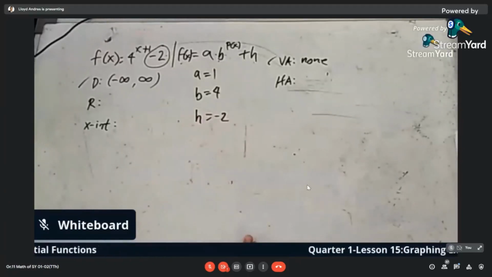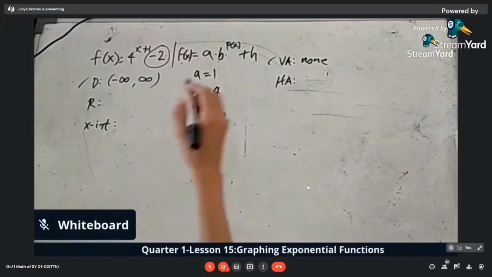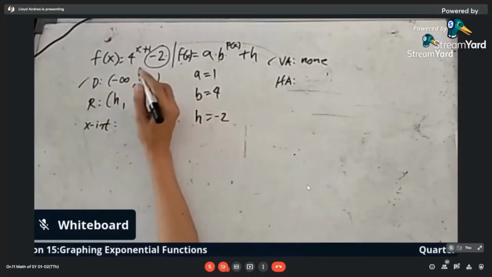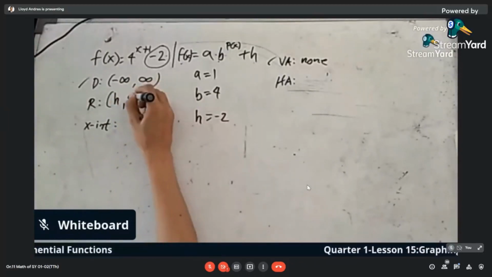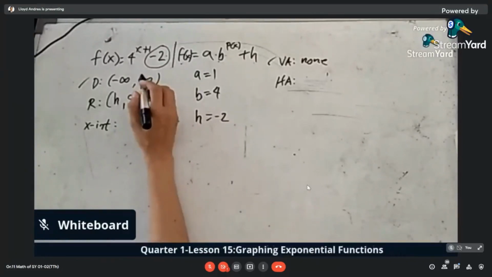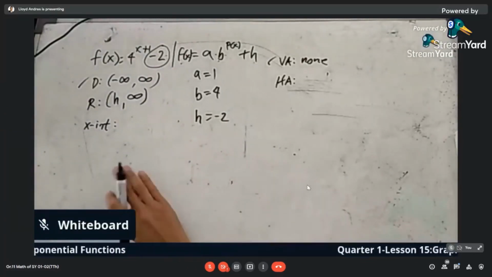So again, ang pattern nato sa range kung positive si A, kani ang pattern: h to positive infinity. Pero kung negative, sa ganitong pattern: negative infinity to h.